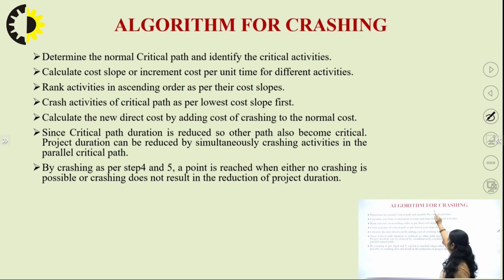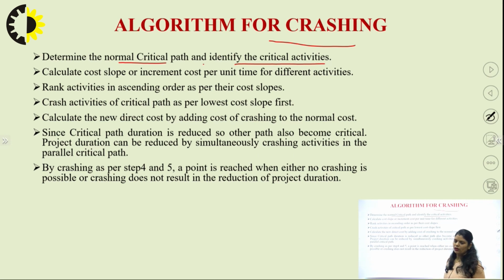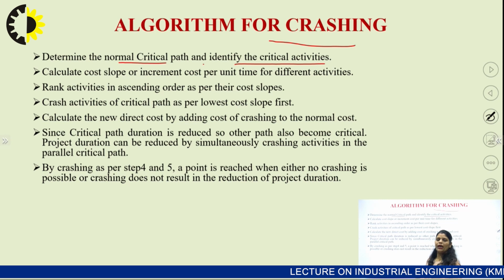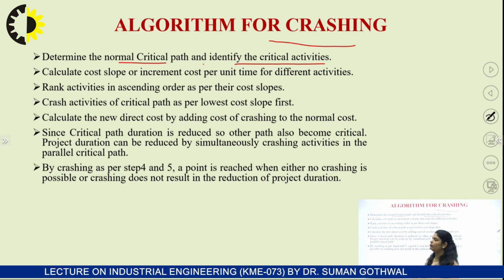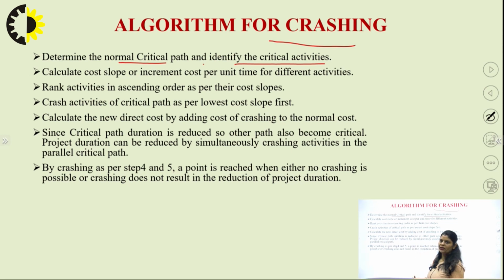Now the algorithm for the project crashing process. The first step is to determine the normal critical path and identify the critical activities. The procedure for CPM and PERT will be the same. In case of PERT, we have to find out the expected time first, and after that the procedure for solving the critical path or the project duration will be the same for both techniques.